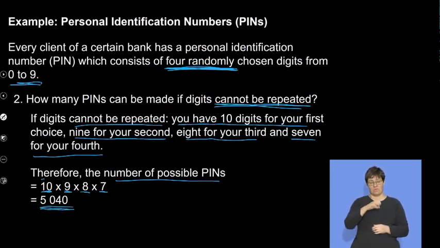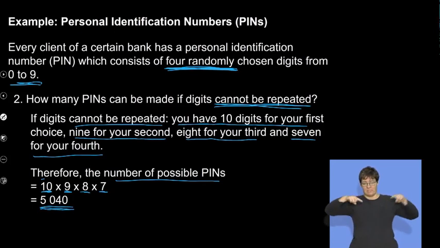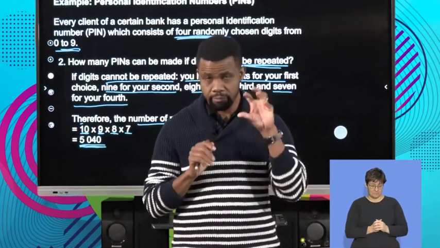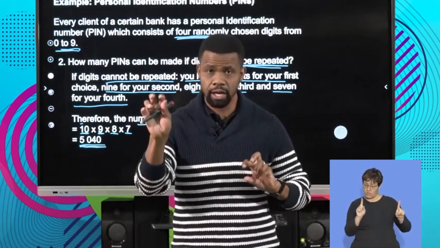Those are the total number of PINs if we use digits from 0 to 9 and repetition is not allowed. Just remember to pay attention: repetition allowed and repetition not allowed. Fantastic.